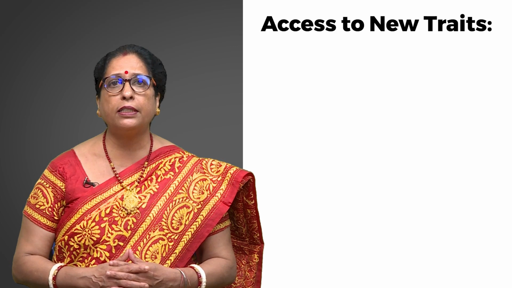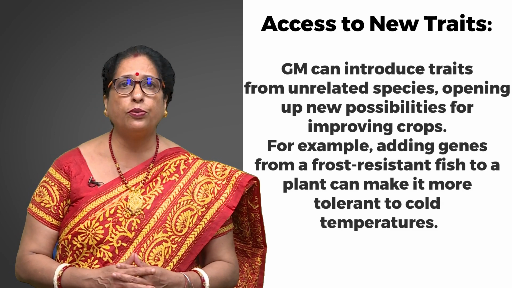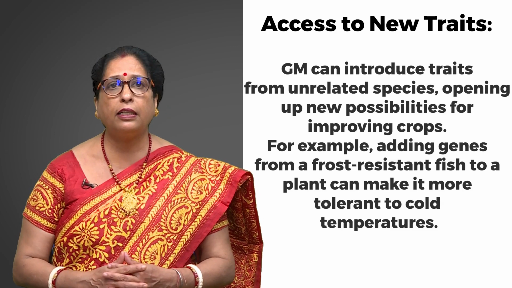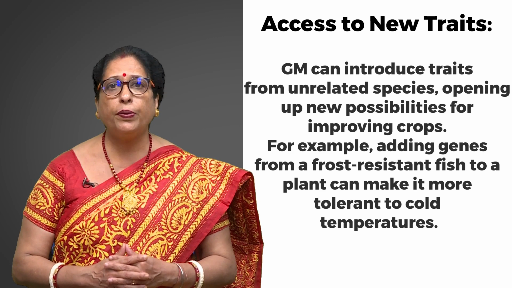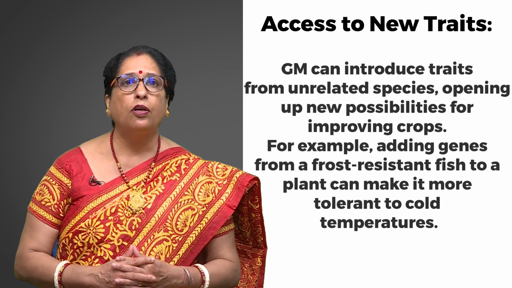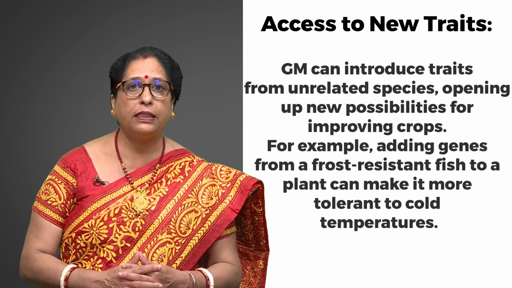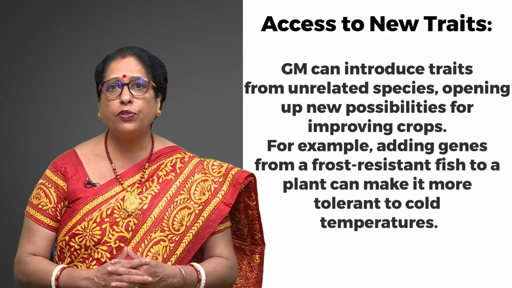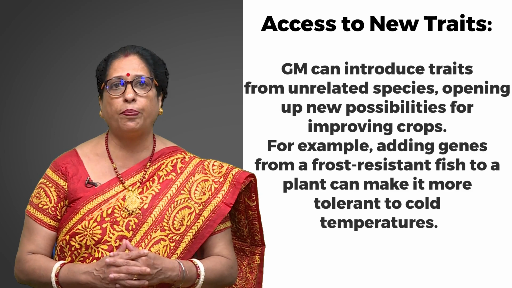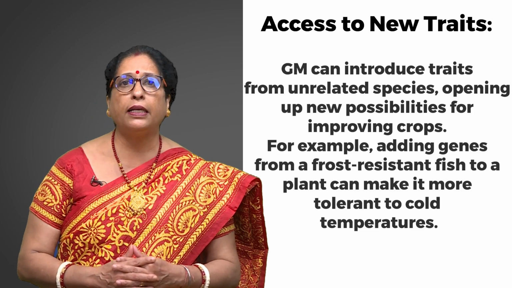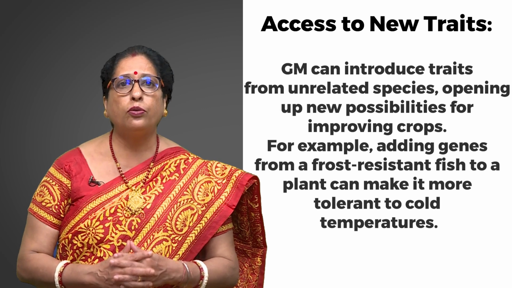Access to new traits. GM can introduce traits from unrelated species, opening up new possibilities for improving crops. For example, adding genes from a frost resistant fish to a plant can make it more tolerant to cold temperatures.